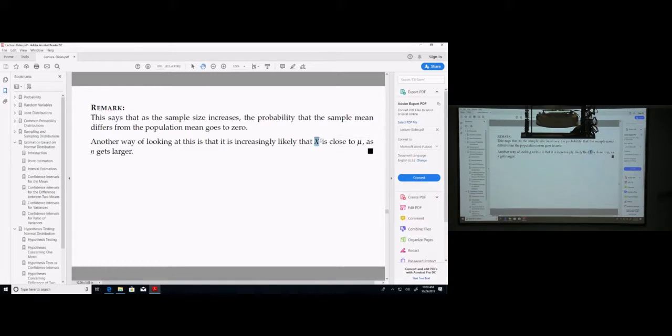We just base it on our empirical evidence, so to speak, our empirical experience, to help us know something that is unknown to us. So that is the relationship between empirical evidence and something that you want to know, and that is the mean mu.